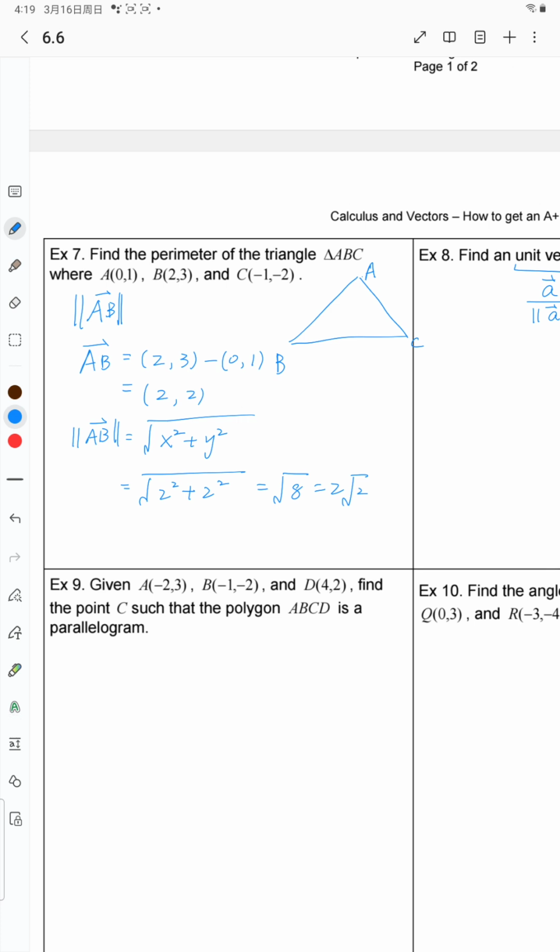So we have 3 points. Find C such that the polygon is a parallelogram. So if we have A, B, C, D here, usually when we write out the parallelogram, we are writing out the points in order. So AB is a side, and then BC is a side, and CD is a side, all right?